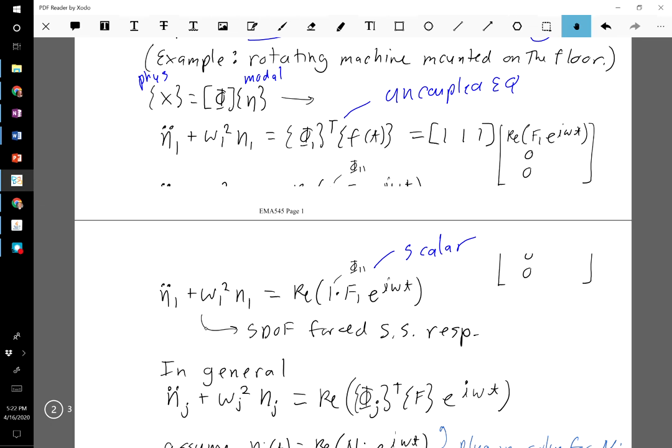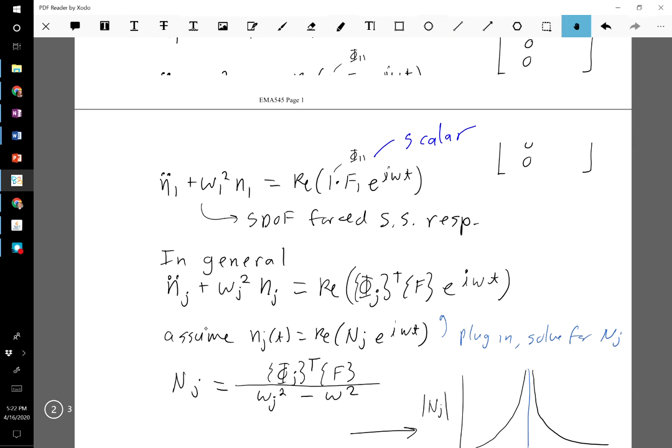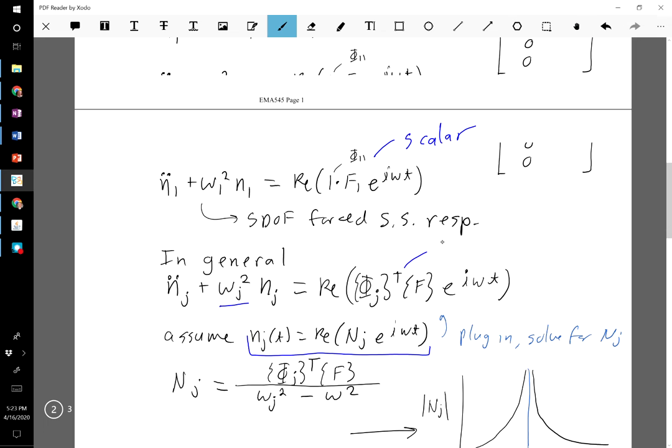So if we take analogy with what we've done before, we can then assume that eta is going to be the real part of some complex amplitude, e to the i omega t. And we can rewrite this equation in general as the jth mode of modal acceleration plus the jth natural frequency squared times eta. And notice though, this part here becomes the jth mode shape times the force vector. This is our modal force.